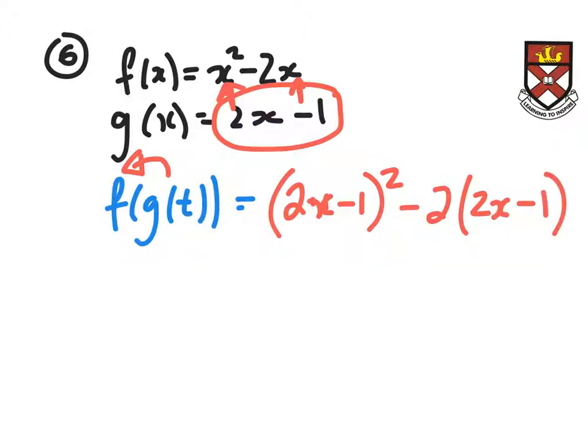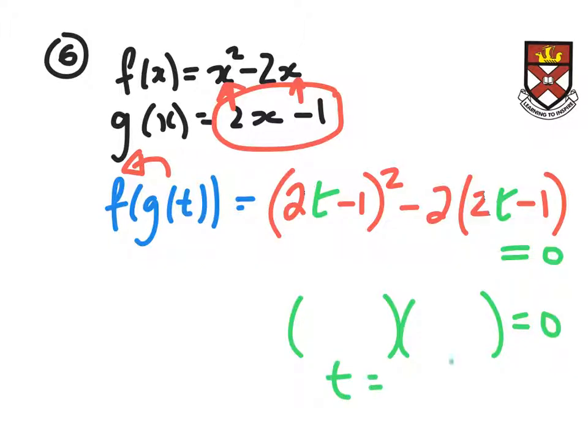However, note in the question that it's not actually x, we have to use t. So it's not going to be 2x minus 1 that goes in. It's actually going to be 2t minus 1. Okay, you need to put that equal to 0 and solve by factorising. And you'll get two answers, t equals and t equals. Okay, hopefully it helps.